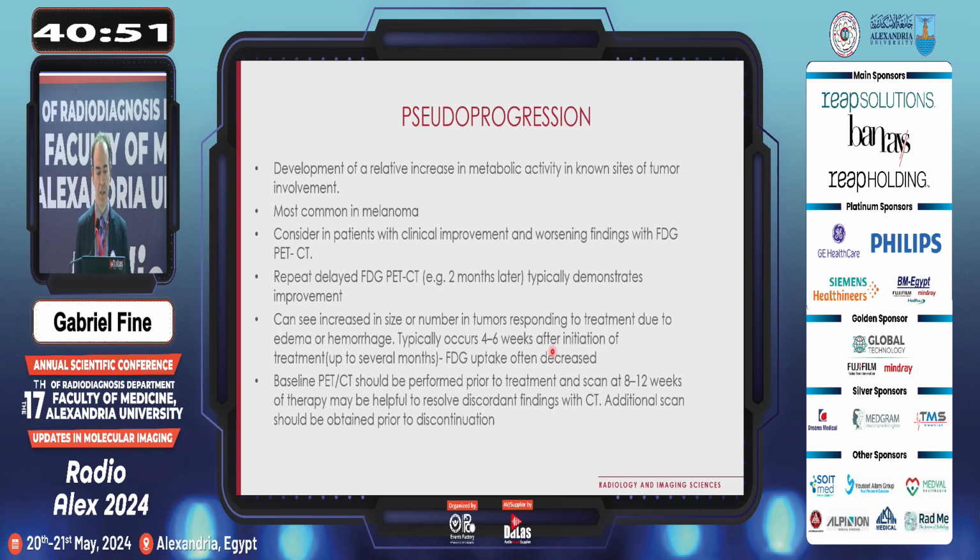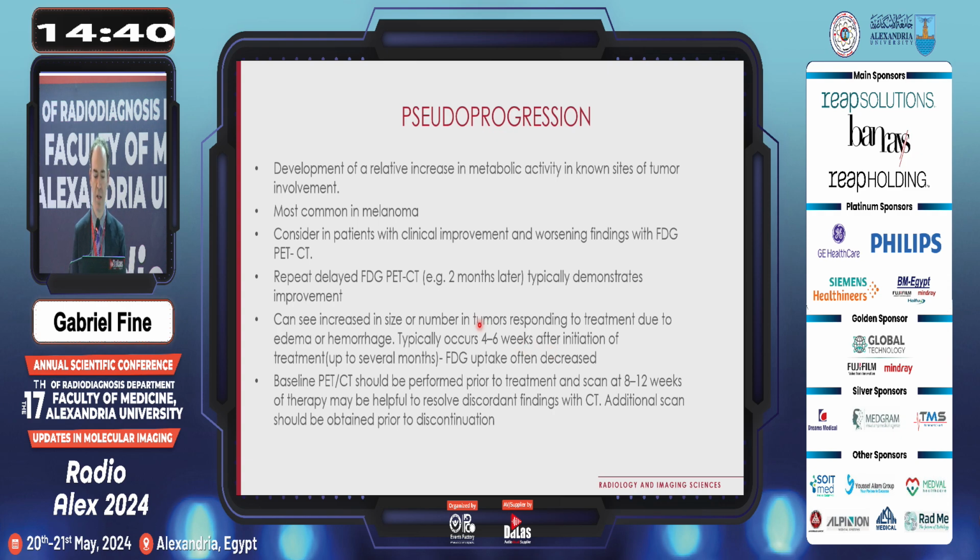One thing you want to consider is that, okay, assess the patient. Are they improving? While you see these worsening findings on FDG PET-CT, how are they doing? How are their symptoms? Does it seem like they're getting better? And oftentimes it can be helpful to not immediately stop your treatment in that case. You may repeat your delayed FDG PET-CT because then eventually the cause of all this increased uptake can reduce.